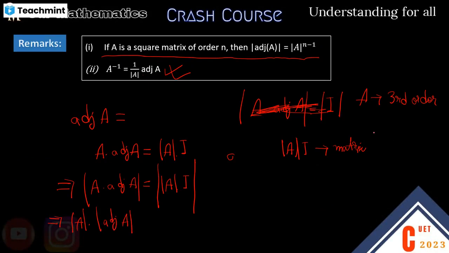Now for a third order matrix, what is determinant of A into I? This matrix is determinant of A into 1 0 0, 0 1 0, 0 0 1.